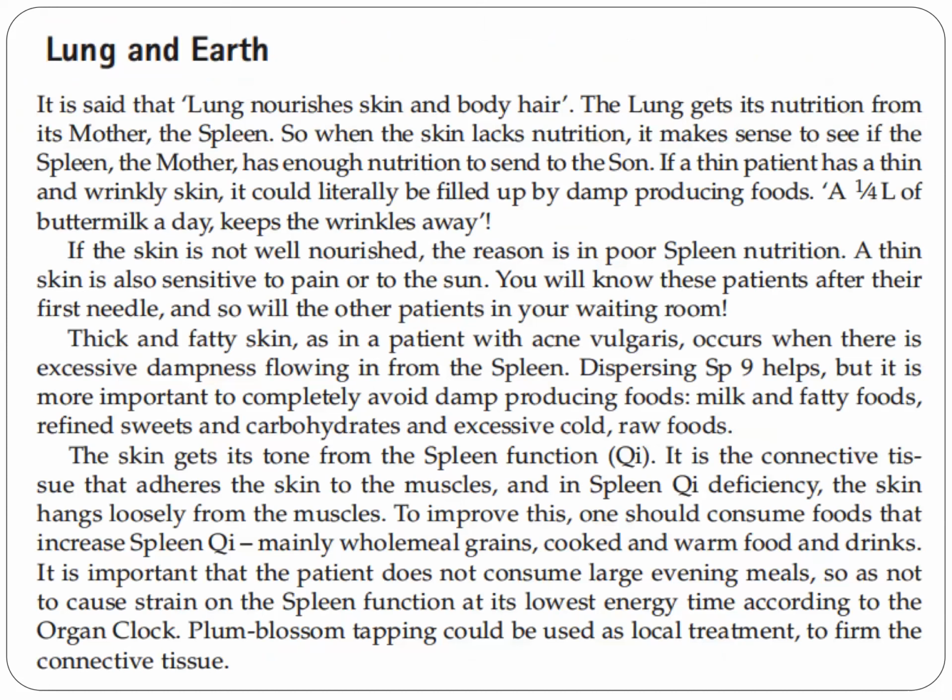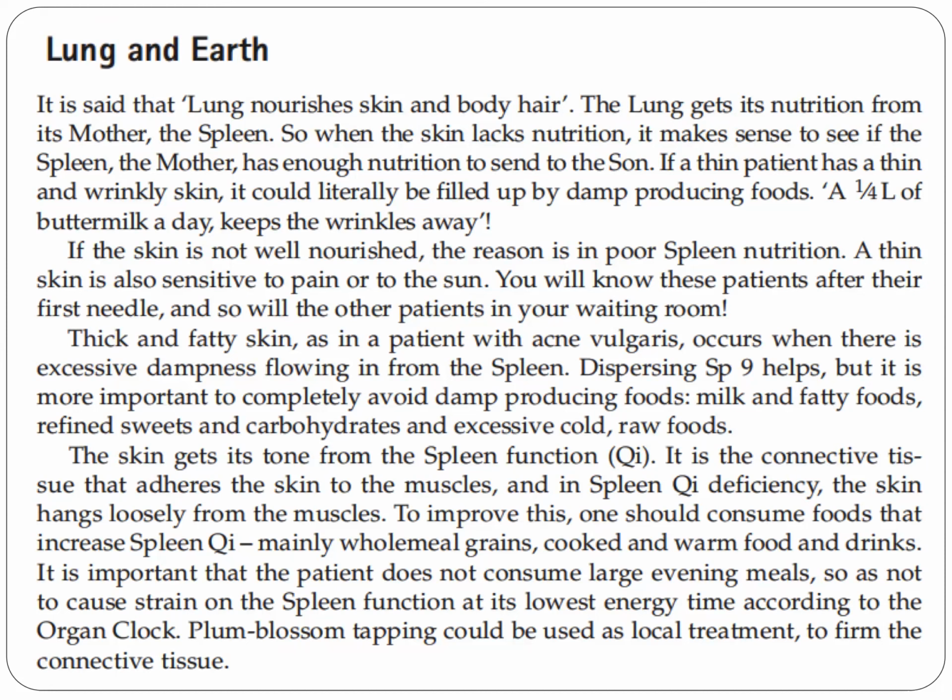Relationship between lung and earth. It is said that lung nourishes skin and body hair. The lung gets nutrition from its mother, the spleen. So, when the skin lacks nutrition, it makes sense to see if the spleen, the mother, has enough nutrition to send to the lung.